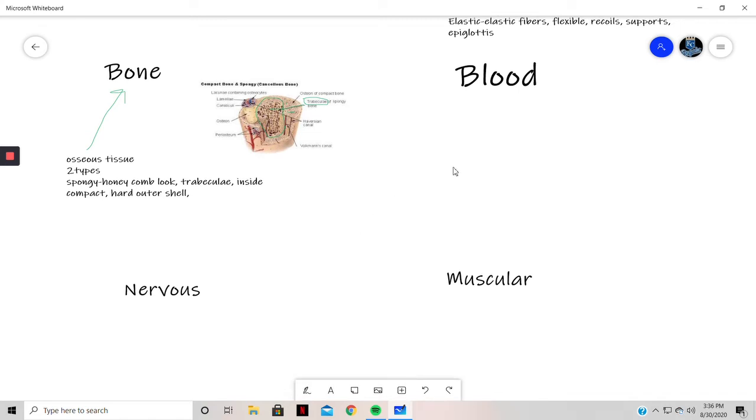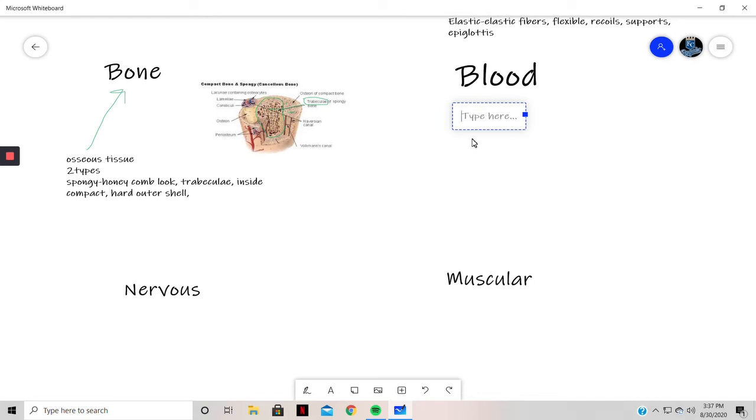Alright, let's talk about blood. Lots of stuff here. Lots of important components to mention. And as nursing students, you're probably well aware of all of this stuff.